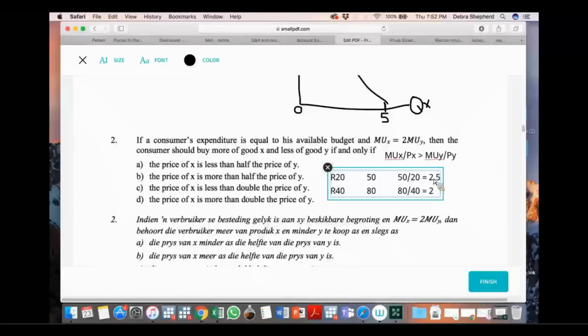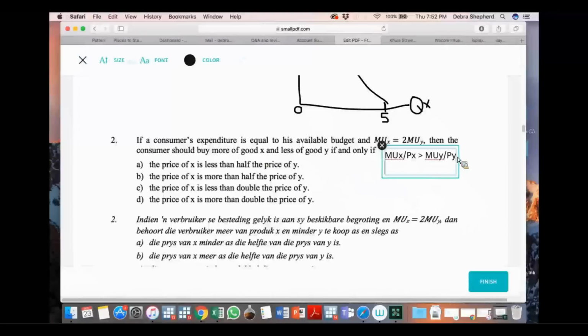But with the Cadbury's chocolate, I'm getting 2.5 units of utility per rand spent. So because this is bigger, it means I would go for the Cadbury's chocolate. So this is the same logic I'm using here. If the marginal utility of X per rand is greater than the marginal utility of Y per rand, that means I would buy more of good X and less of good Y.